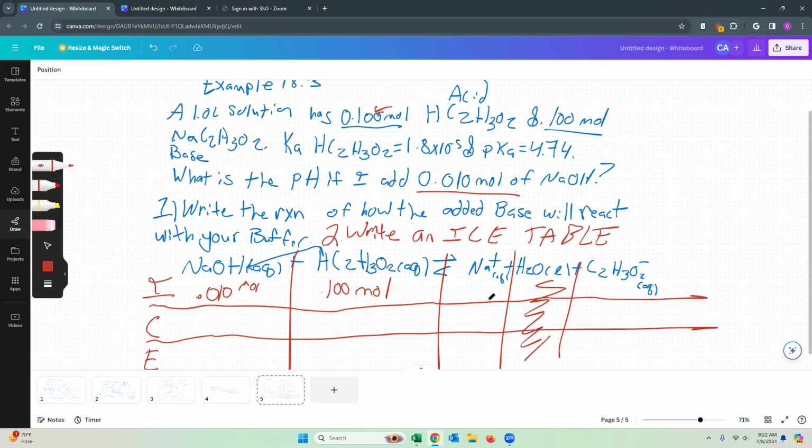Now, if you're following along, I'm going to guess you would think to put a 0 there. But let's take a look. In my buffer, I have 0.100 moles of NaC2H3O2.